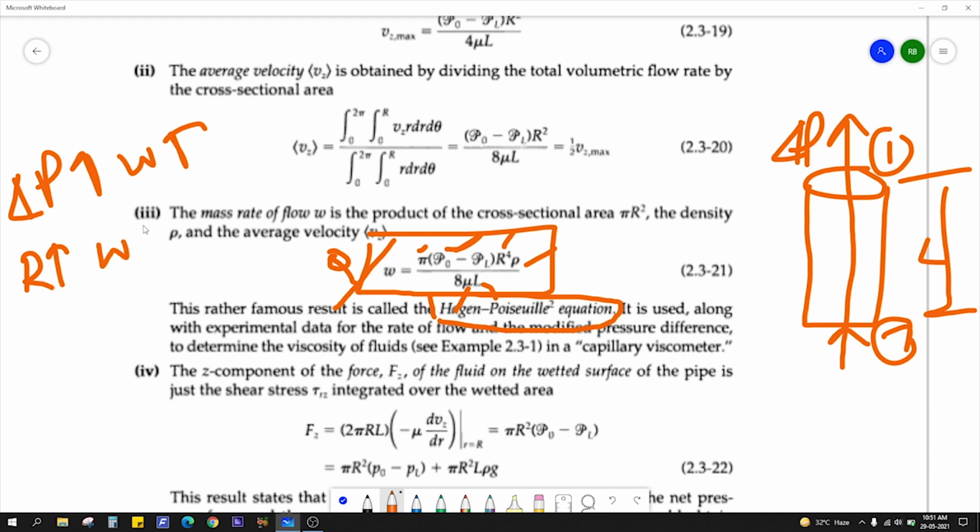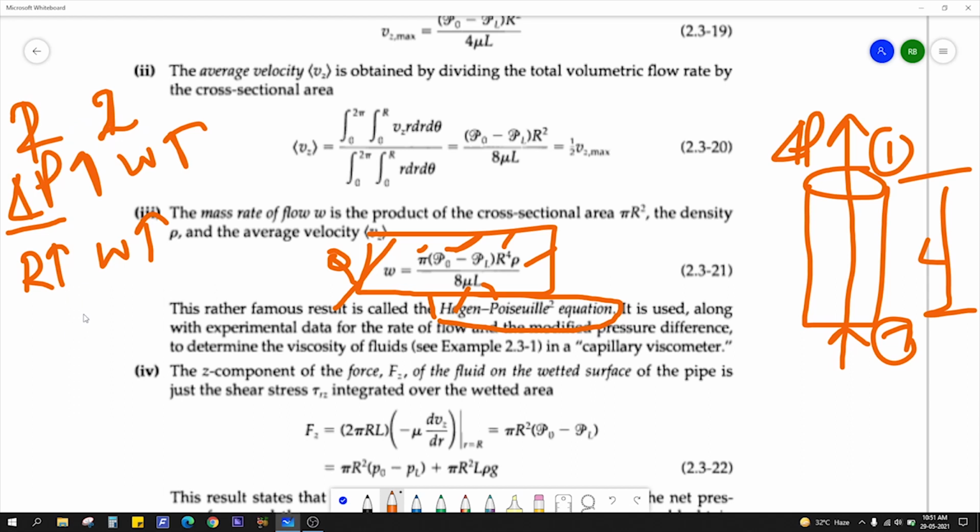Then the mass flow rate will also increase, but by what factor? If I increase the pressure 1 time, the flow rate also increases 1 time. If you increase the pressure 2 times, the flow rate also increases 2 times.